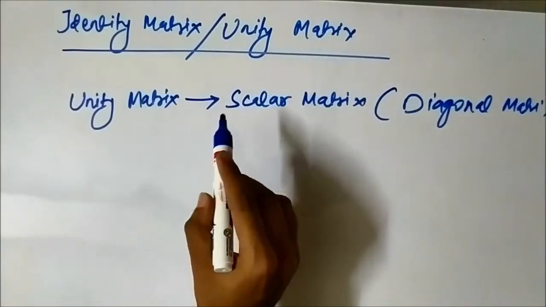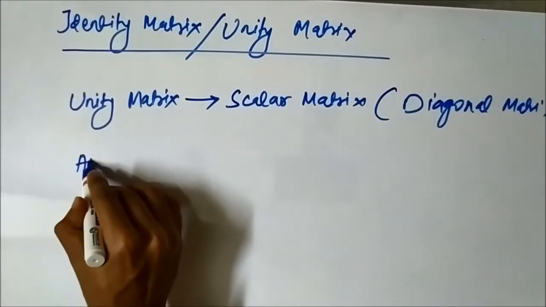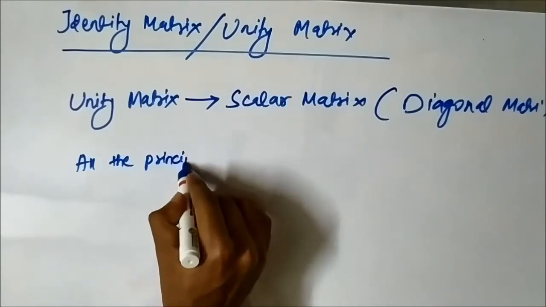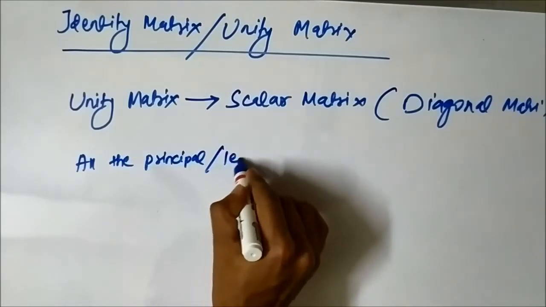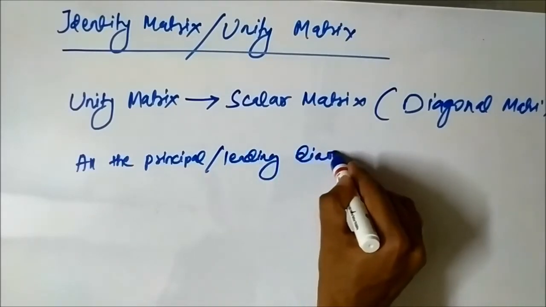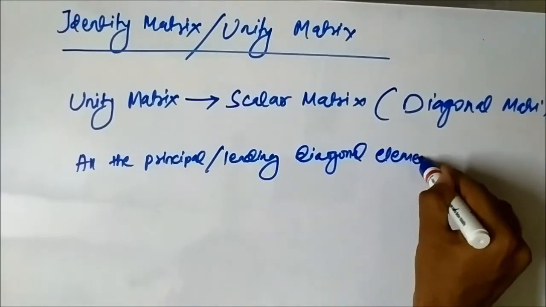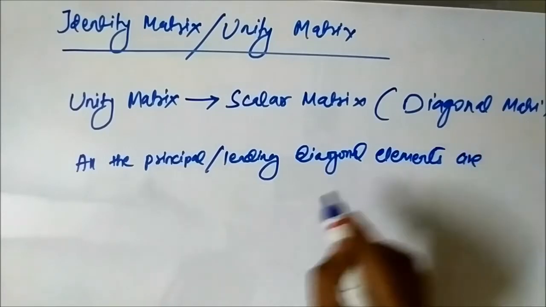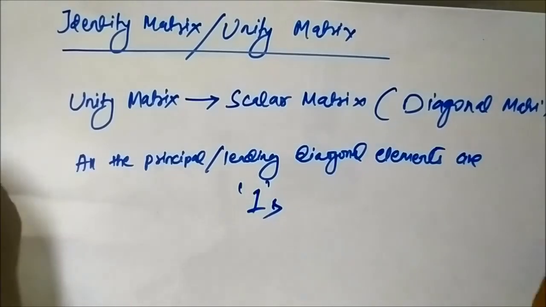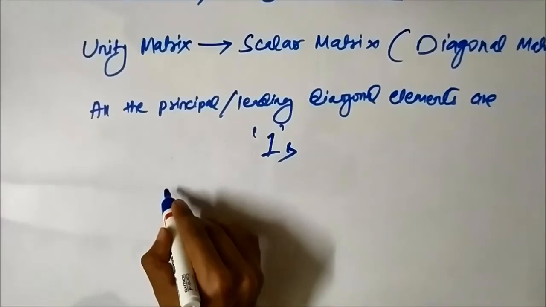Another restriction added to the unity matrix is that all the principal diagonal elements or leading diagonal elements are ones. Here all the principal diagonal elements are 1.